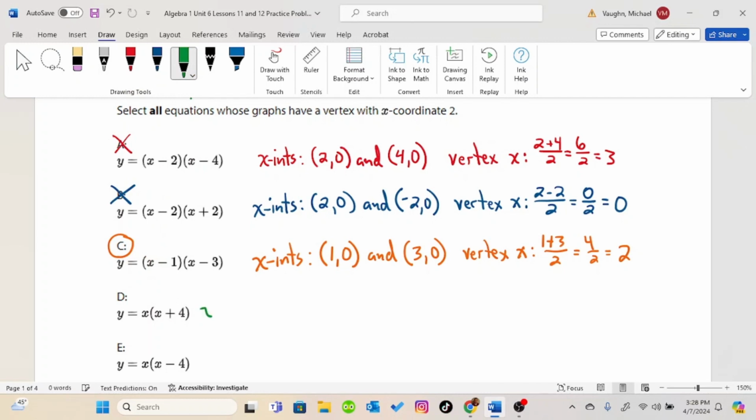Choice D. The first will have to be 0 so that x equals 0 and y equals 0. So that puts us at the origin. The second will be -4 because -4 plus 4 equals 0.